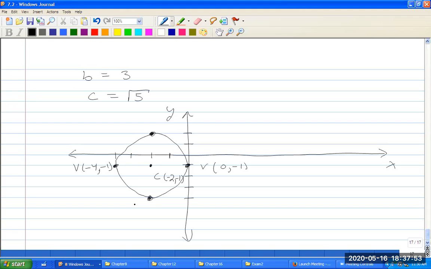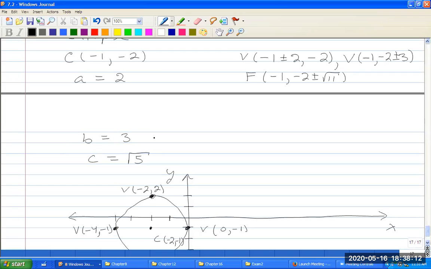And at -2, -4, and at -2, 2. Okay. And this will be along the y-axis. So this is square root of 11. It's around 3.